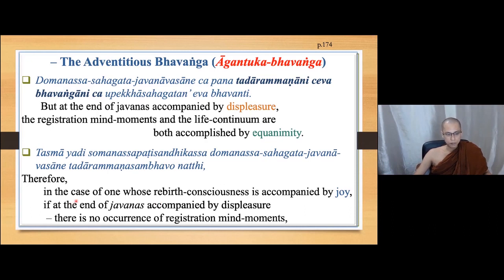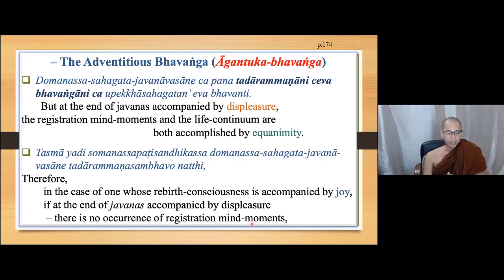In the case of one whose rebirth consciousness is accompanied by joy, this is somanassa patisandhikassa. Then domanassa sahagata javanavasani is translated as at the end of Javana accompanied by displeasure. And tadarammana sambhavo natthi. Sambhava is the occurrence, and tadarammana is registration, so there is no registration mind moment. Natthi is the negative form. So there is no occurrence of a registration mind moment.